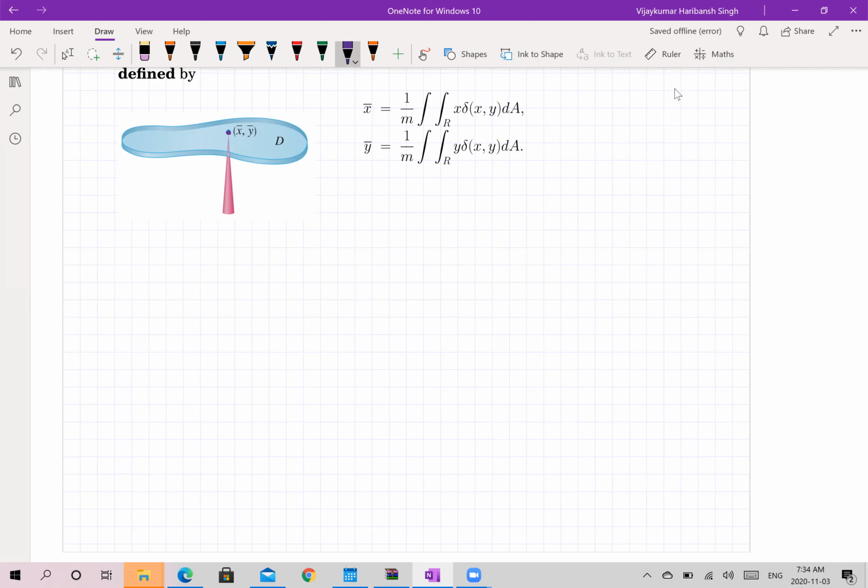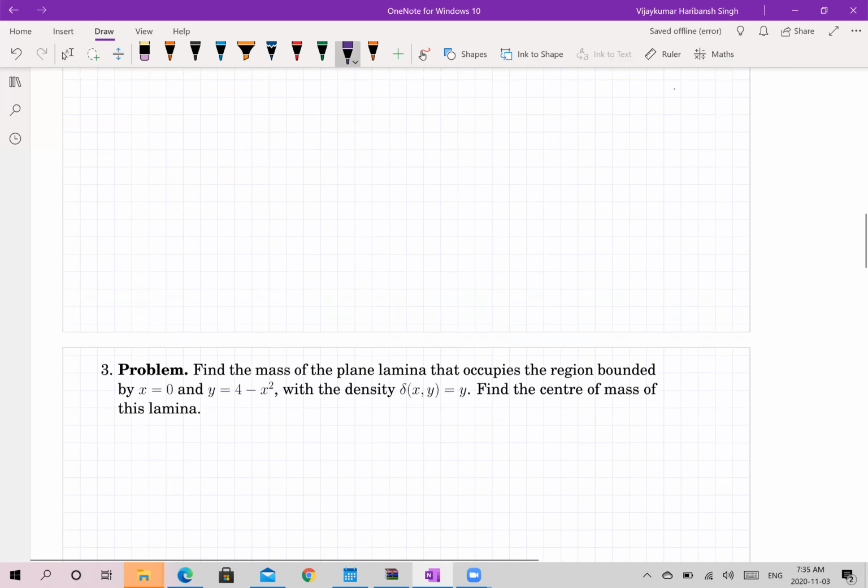So if you want to balance the lamina, you can just have a needle balancing this, and the whole lamina will balance out horizontally. These are the formulas for the center of mass. Note that these are generalizations of the usual definition of center of mass, except this is in an integral format.